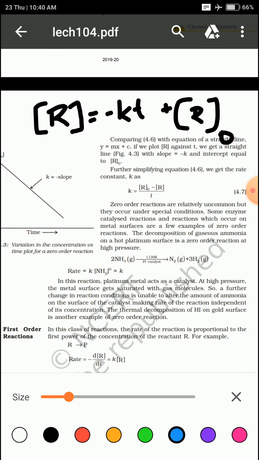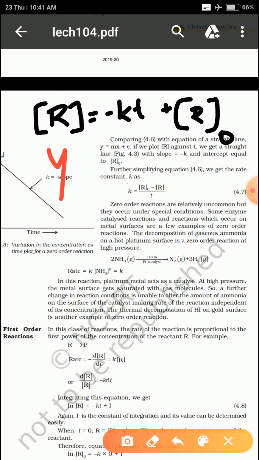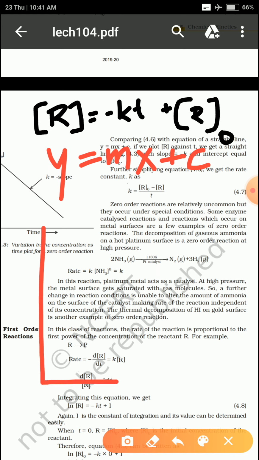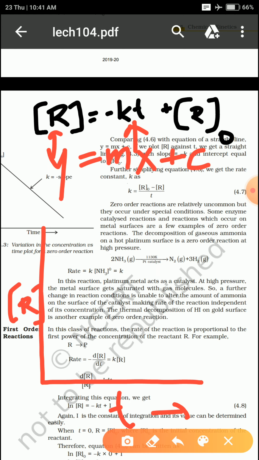I think you know the straight line equation, y equals mx plus c. If we make a graph, then the x-axis will have time t and the y-axis will have the concentration R.